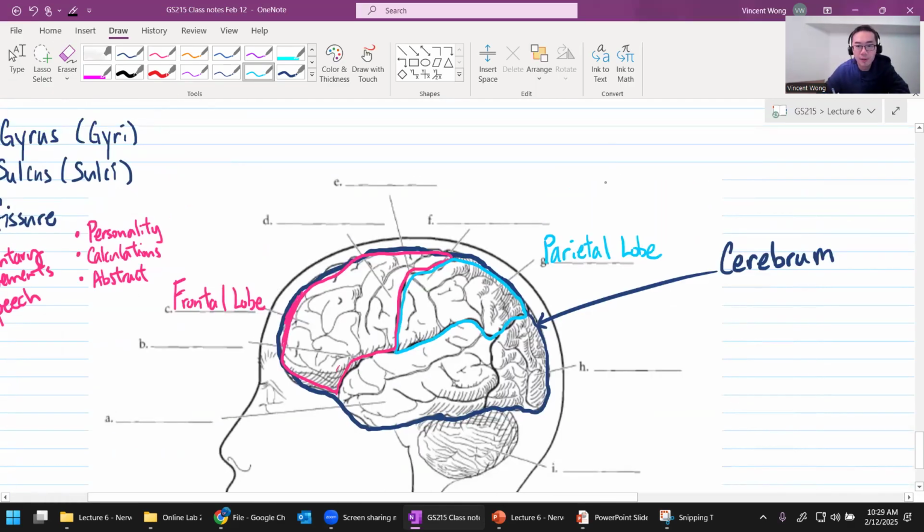And the main function of the parietal lobe is to process somatosensory information.